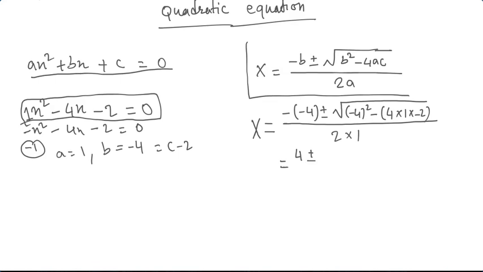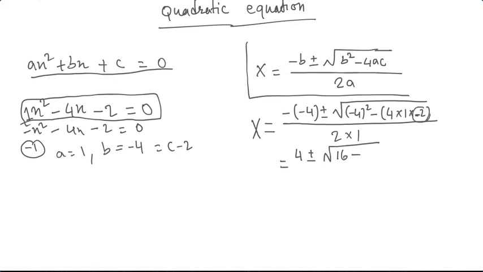Under the root we have minus 4 squared, which is 16, and this minus will come here, and inside the bracket, 4 times 1 times minus 2.